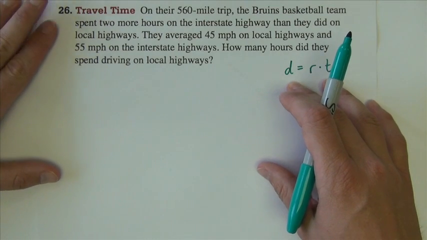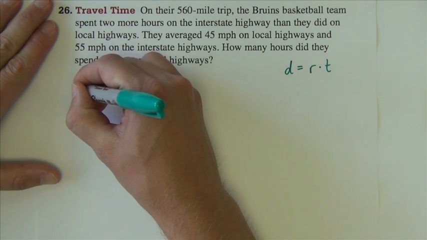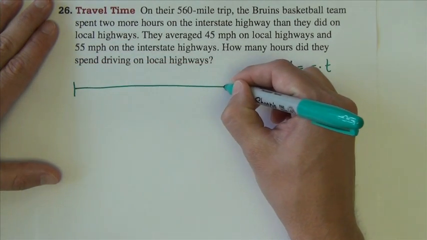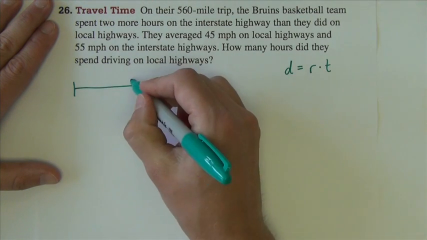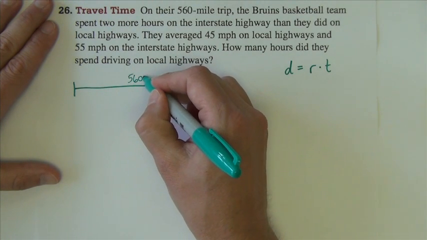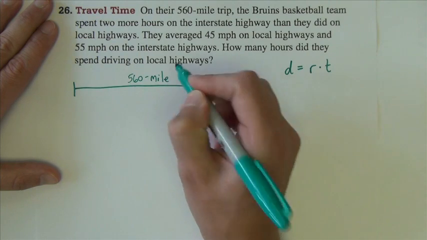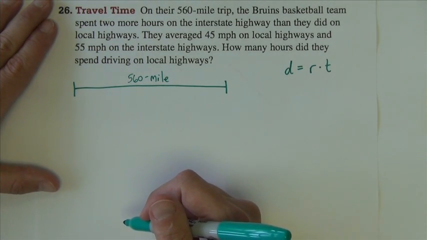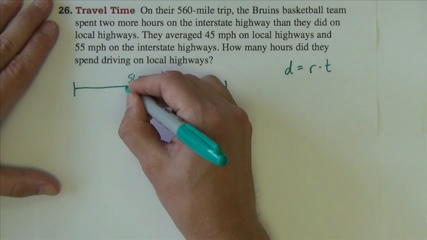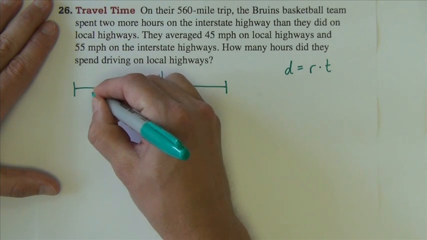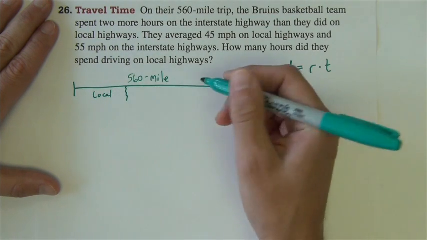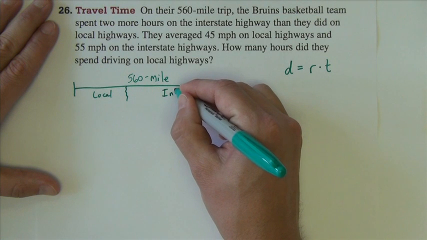Now I'm also going to set up maybe a picture to help me visually see this problem. So I've got a 560 mile trip, and I spend some of that time on local highways, some of it on the interstate.